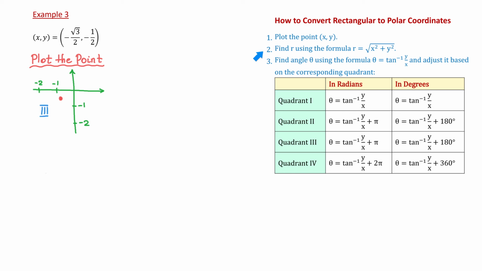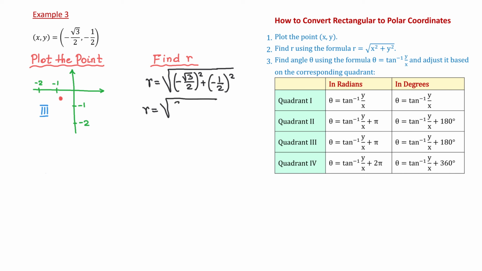Now let's find r. r equals square root of negative square root of 3 over 2 squared plus negative 1/2 squared. Then square root of 3 squared is 3, 2 squared is 4, plus 1 squared is 1, and 2 squared is 4.